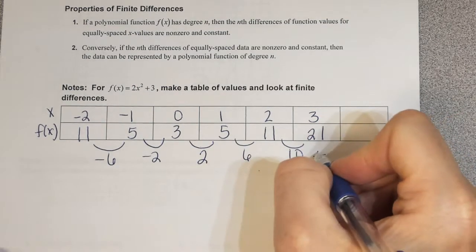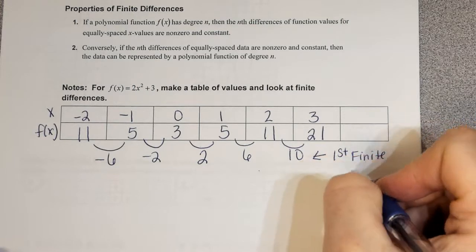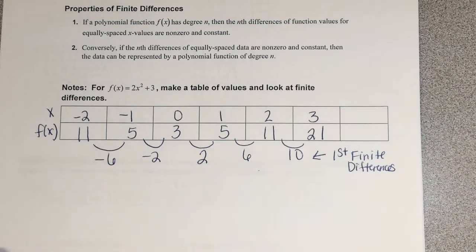These are what we call our first finite differences. Notice how those are not all the same number. So what that tells me is that this function is not x to the first. This is not a linear function.